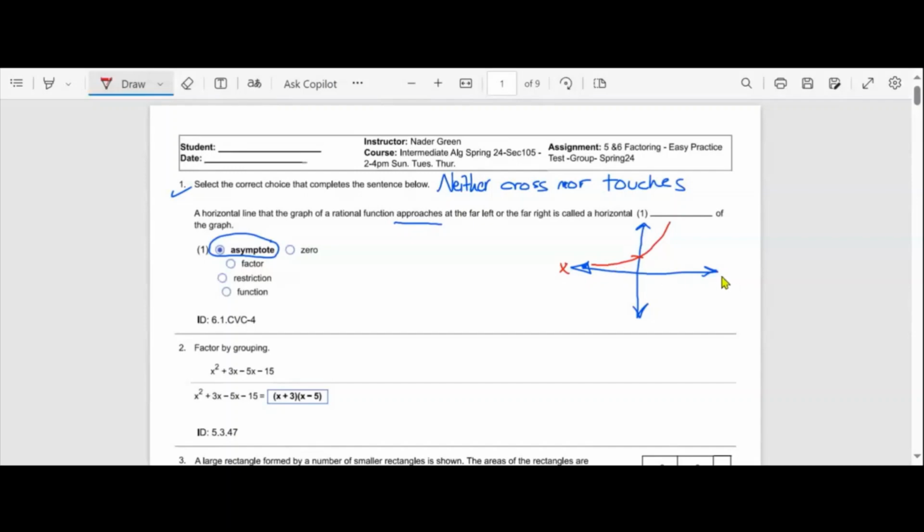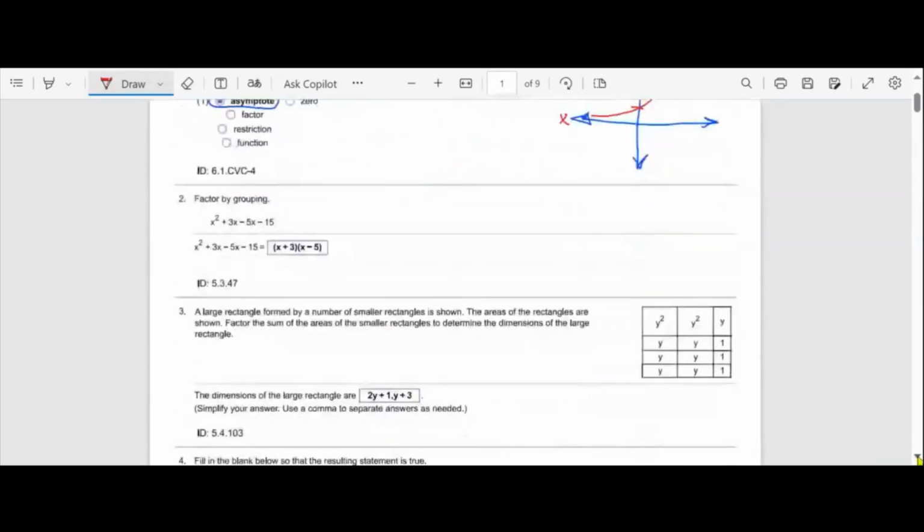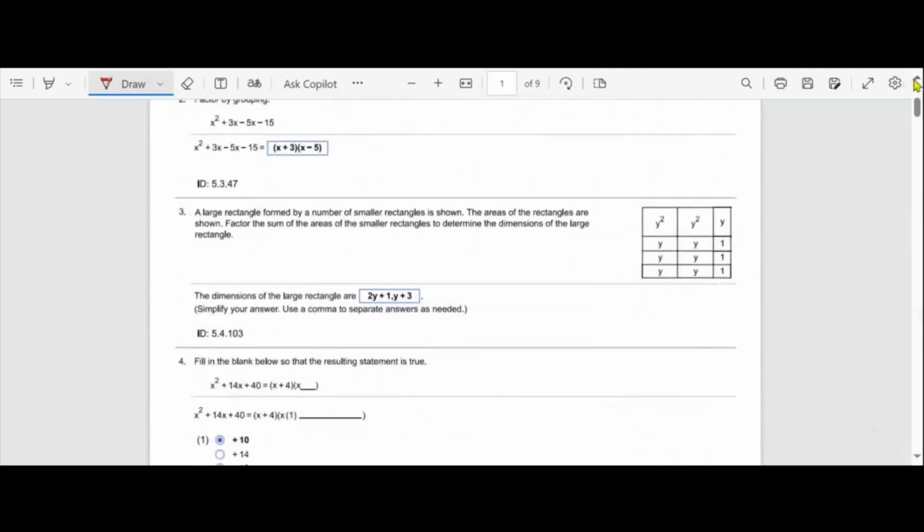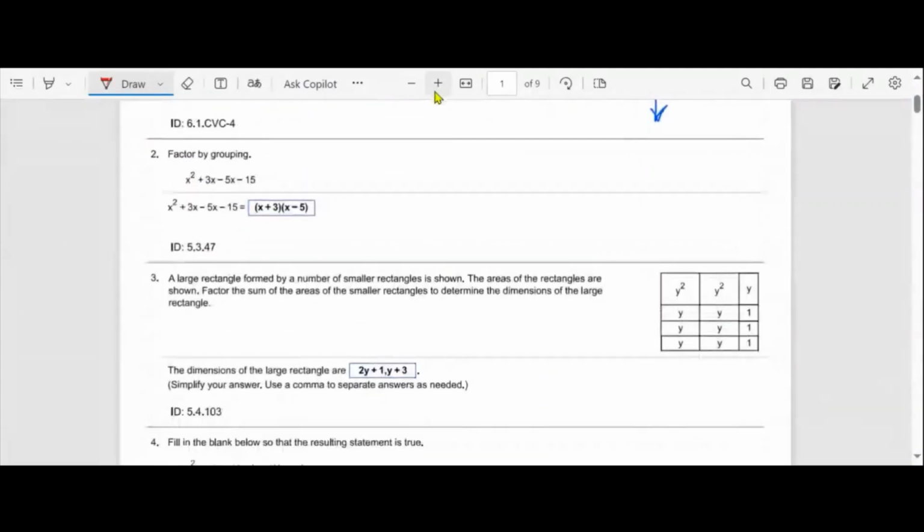So this is what we call a horizontal asymptote. Is this clear? Clear, doctor. Yeah, let's go for factoring.